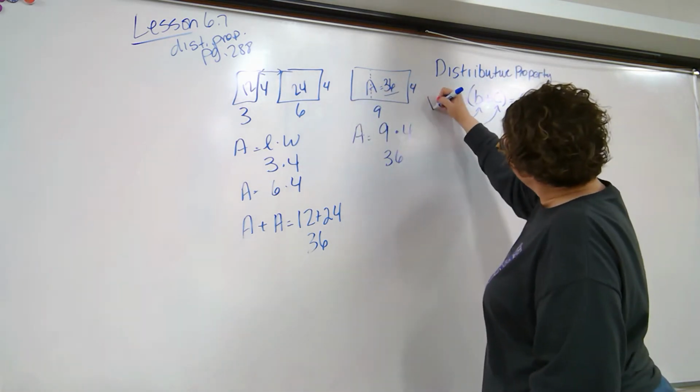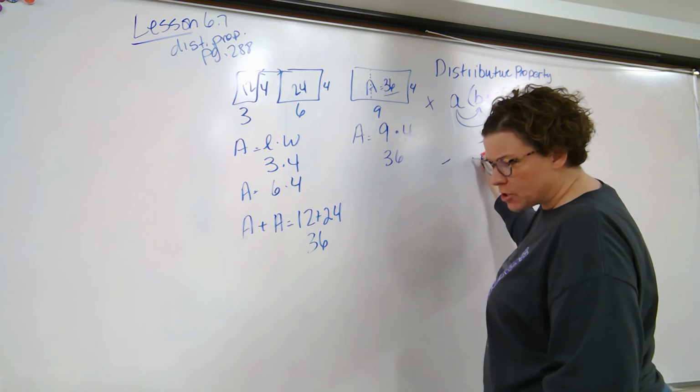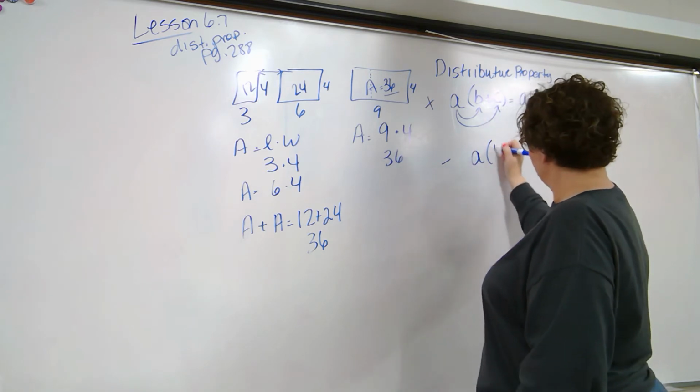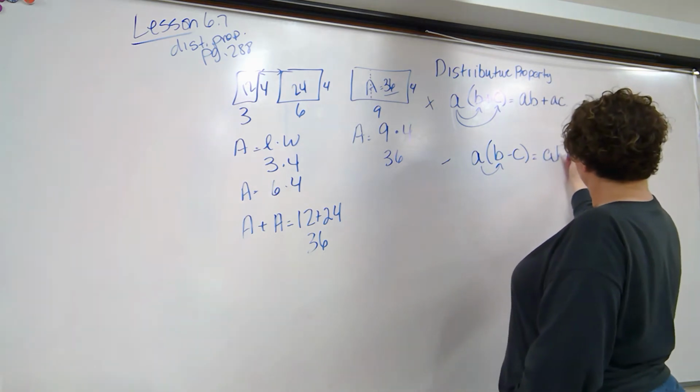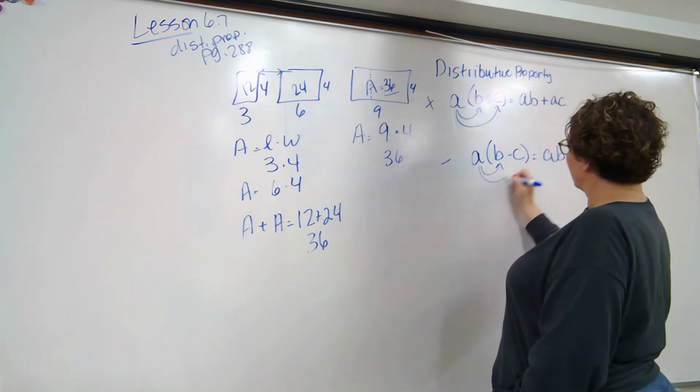This works for addition and for subtraction: A times (B minus C) is A times B minus A times C.